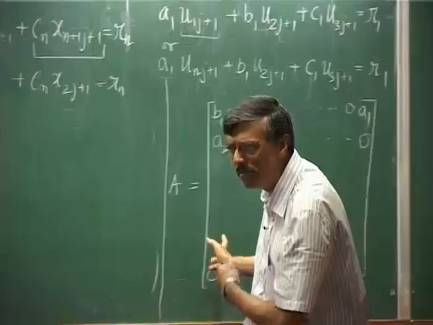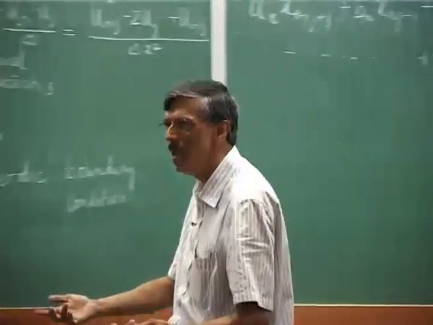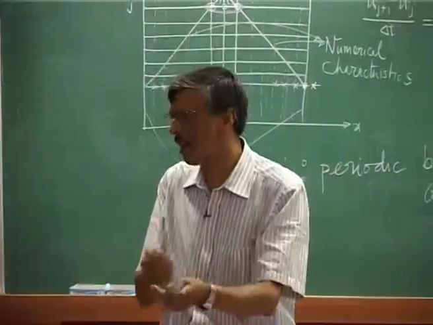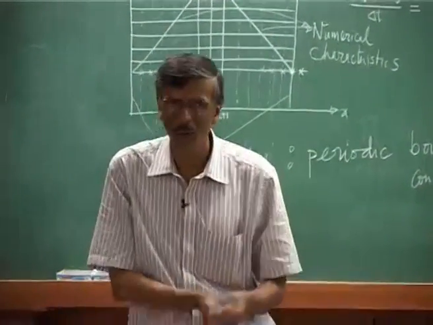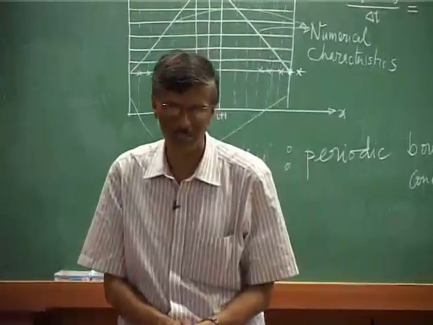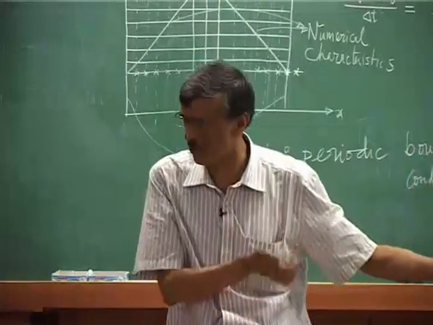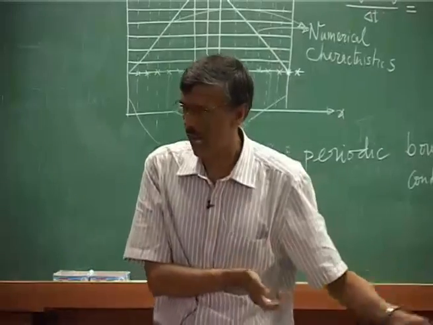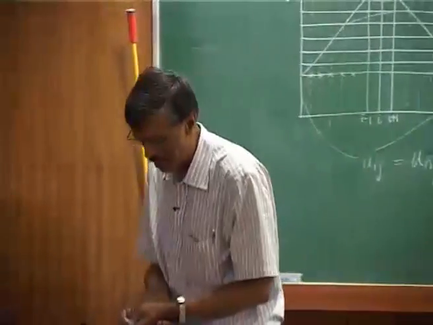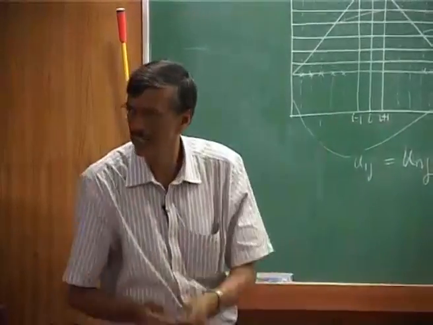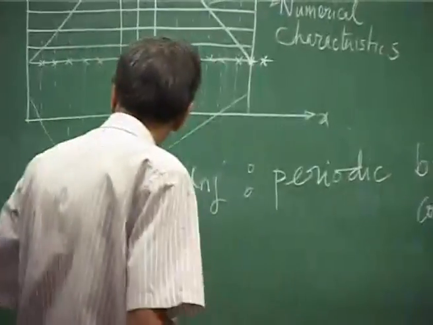What we have here is a periodic tridiagonal matrix. In the next class, tomorrow, I will tell you how we handle a periodic tridiagonal matrix. This is not exactly a replica of what we have done for non-periodic cases, and periodic problems are far too many for us to really understand and digest. Okay.